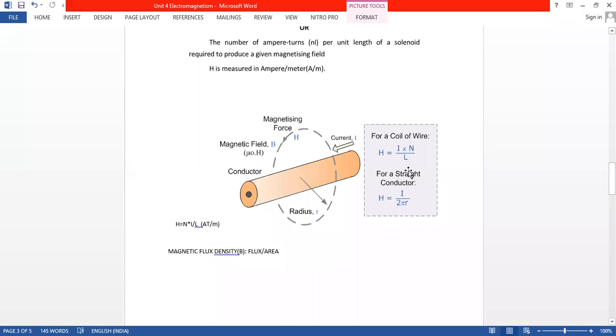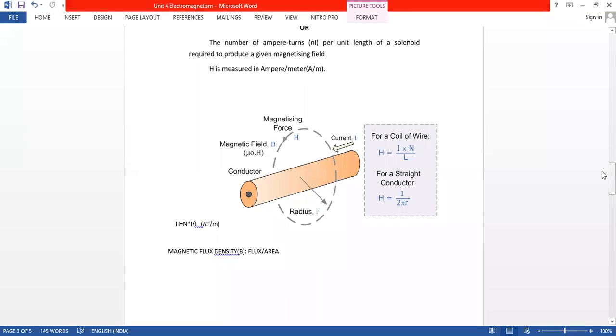H is equal to NI by L. H is equal to I by 2 pi r if you are having a circular conductor. Area of the circle is how much? You have studied this in 10th class. Pi r square. Similarly, for the conductor we have 2 pi r, where r is the radius. So H is also equal to I by 2 pi r, the magnetic field strength.